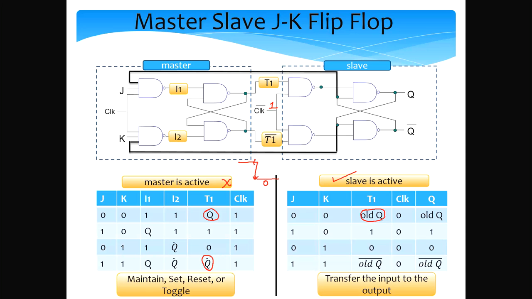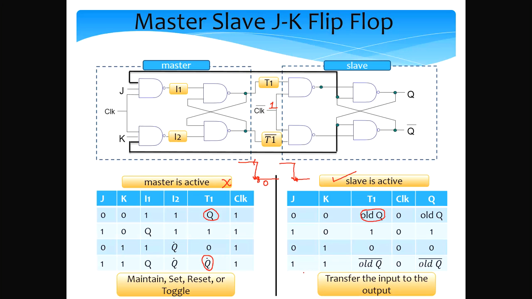It is just after the negative edge, right? Just after the transition in a new clock cycle, the value of T1 is the old value of Q. The value of T1 when J is 1 and K is 0 is 1. When J is 0 and K is 1, the value of T1 is 0.